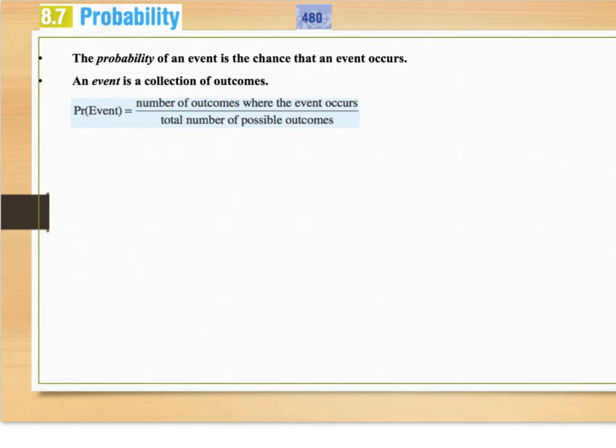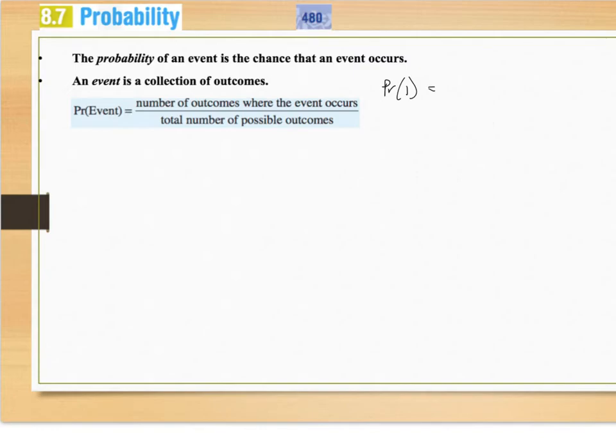So the probability of an event is the number of outcomes where the event occurs divided by the total number of possible outcomes. So if I am throwing a six-sided dice, let's say the probability of getting a 1 when I throw a six-sided dice.